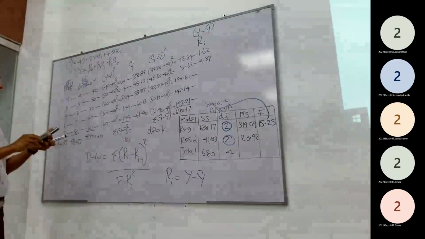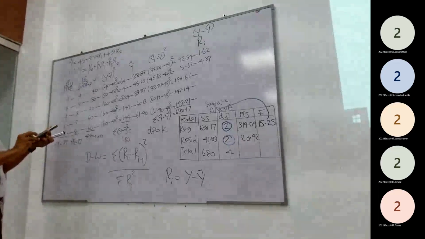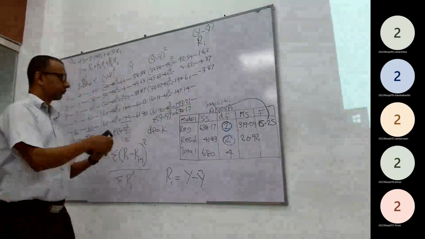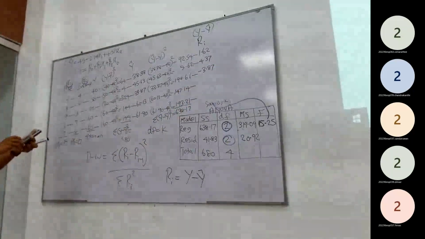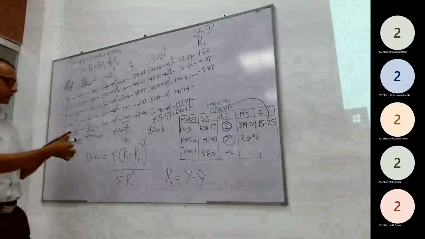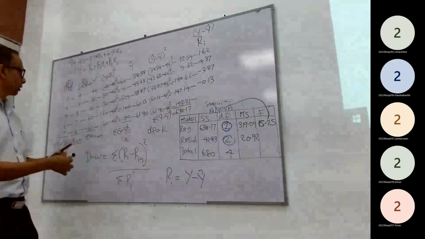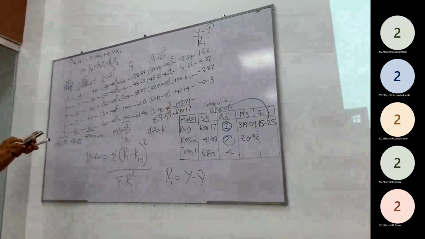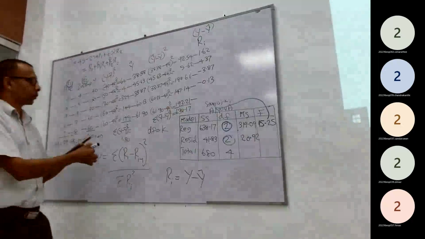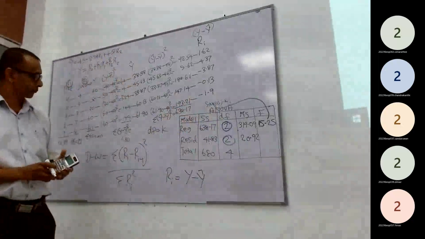Next, 30 minus 33.87 is minus 3.87. Next, y is 60, y hat is 60.13, so minus 0.13. Next, 60 minus 61.90 is minus 1.9. That is the residual.